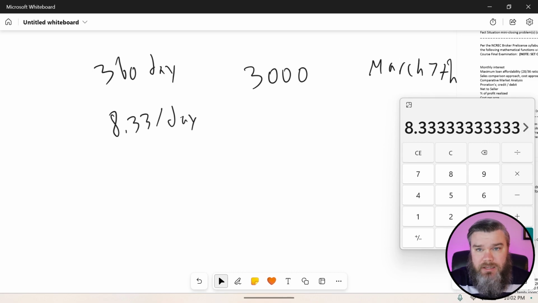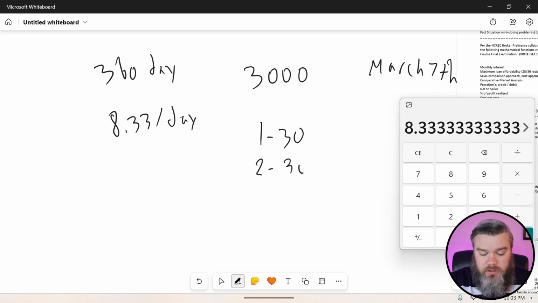What that means is the seller owned the house in January, and understand under this 360-day year, every single month has 30 days. So January has 30. They owned it for all of February, which has 30. And then we're closing in March, and they own up to and including the day of closing, which gives them 7 days in March.